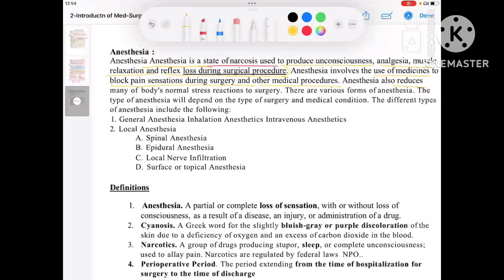Anesthesia also reduces many of the body's normal stress reactions to surgery.